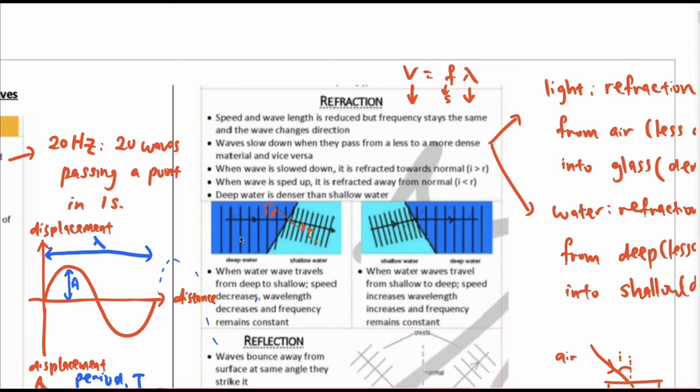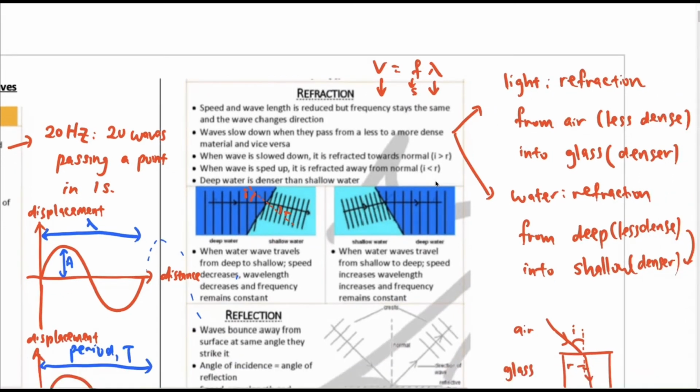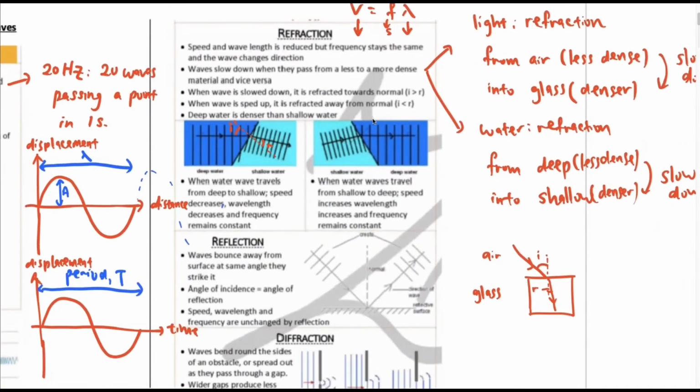So you can see they draw the wave and they draw the wavefront also. Now, when the wave is sped up, that means getting faster, it is refracted away from the normal. It happens here, from the glass, when it goes out from the glass and back to the air, it is getting faster.